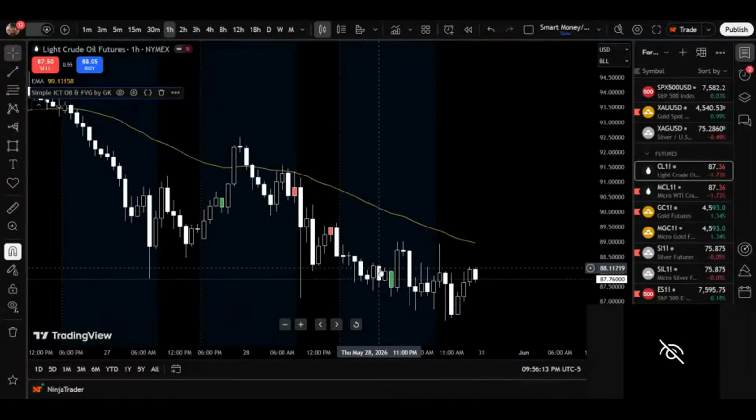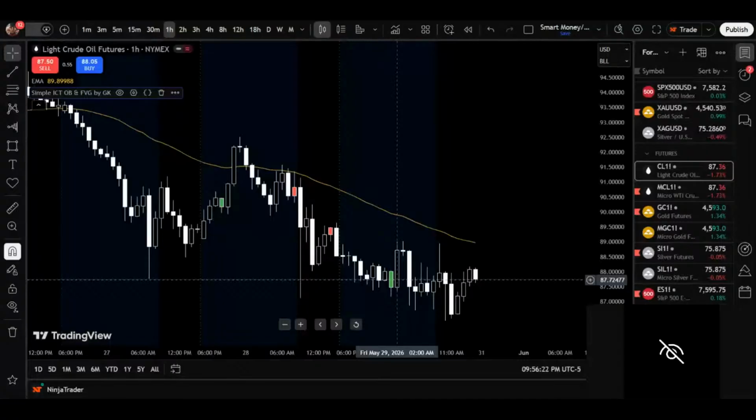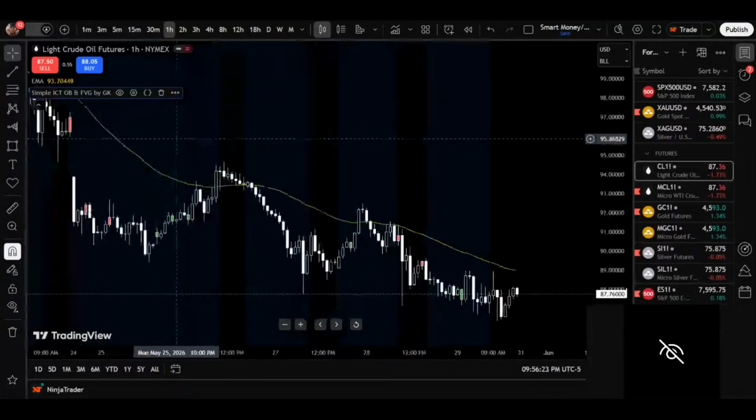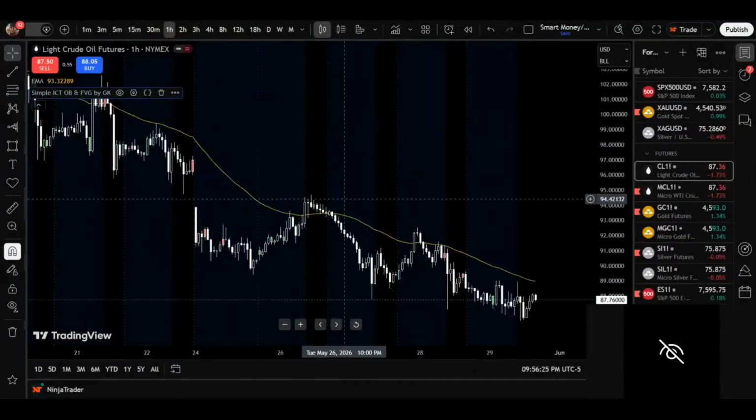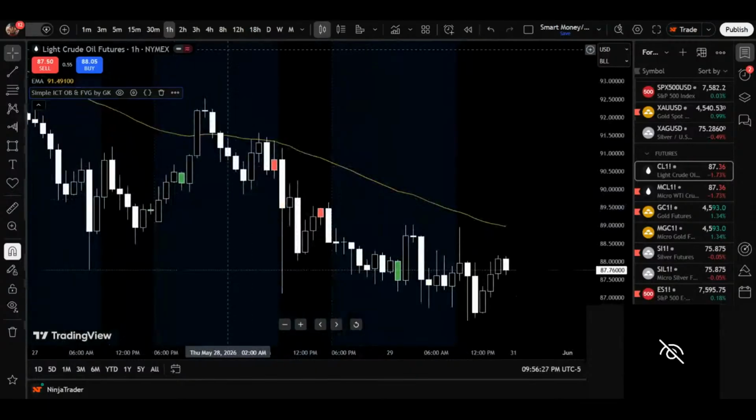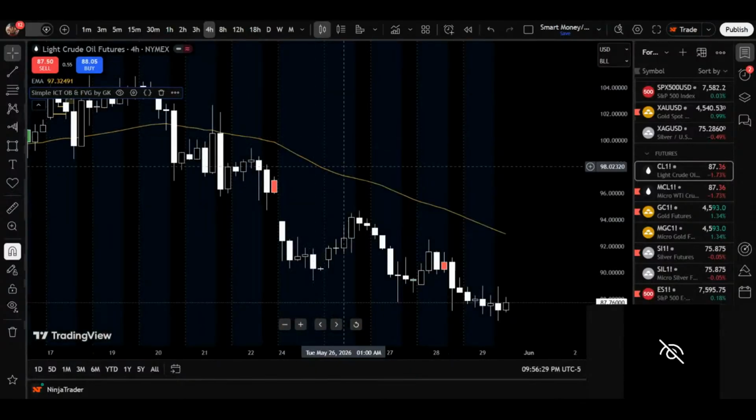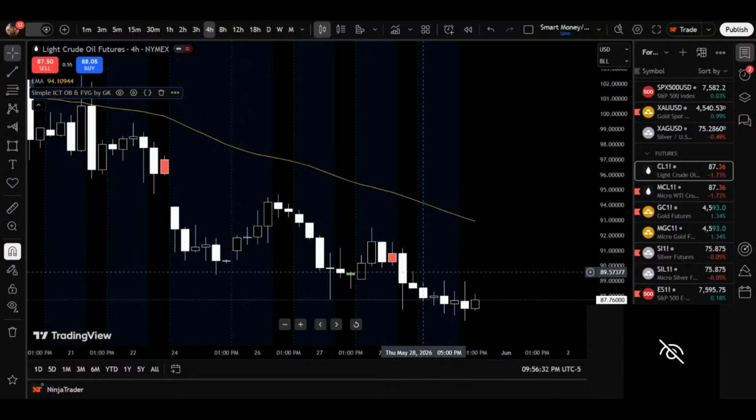Now, when price is coming down, you're not gonna be trading these demand zones. Only supply. Always remember, we sell from supply, buy from demand. Let's see 4 hours. We got some 4 hour order blocks.